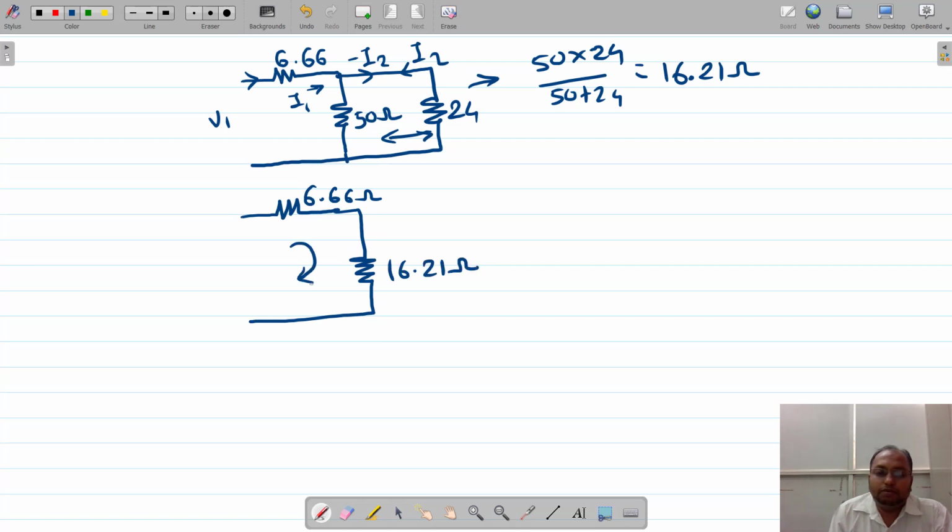Now let us apply KVL. So V1 is equal to 6.66 plus 16.21 into I1. Let me add it. 6.66 plus 16.21 is coming as 22.87.